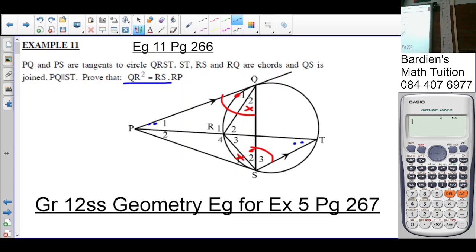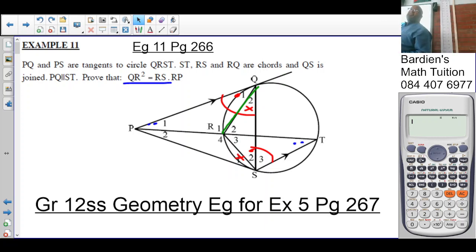So looking at QR, this is QR. So this line I must use. How many times do I use this line? I must use it twice, because it's twice represented in what we need to prove. So let's make triangles dealing with QR.